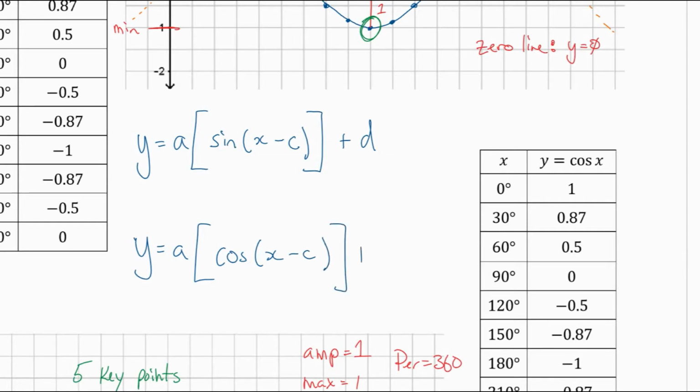Now, there is going to be some technology that we're going to use today to try to understand this stuff. So there's 2 links to 2 different little activities on your computer that are going to help with this graphing stuff, okay?